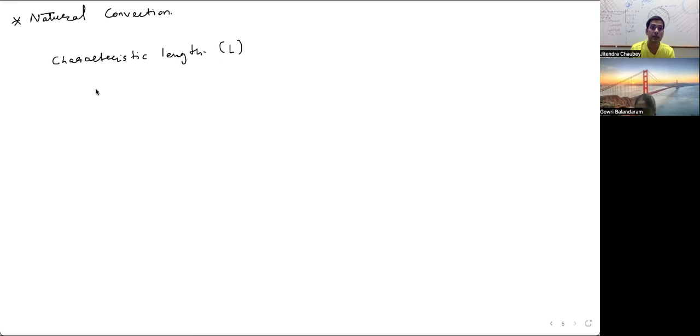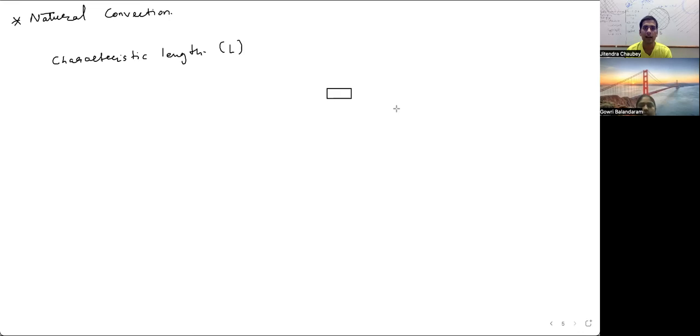So what about natural convection? In case of natural convection, the fluid does not flow in this manner. It always goes upward. The fluid always flows naturally upward, because of density difference, buoyancy.